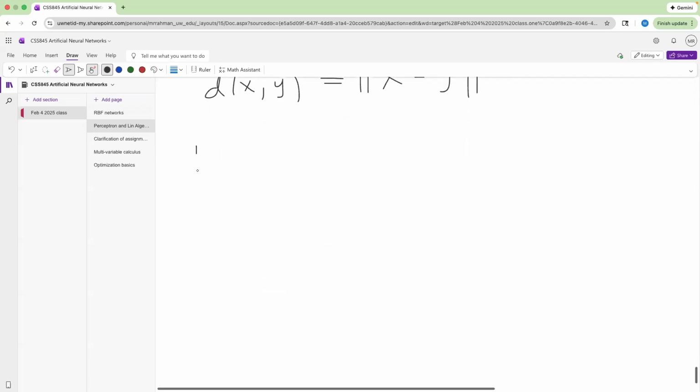So the last space is an inner product space. An inner product space is again a vector space where you can define an inner product, right? An inner product is like the dot product that we've been looking at so far.